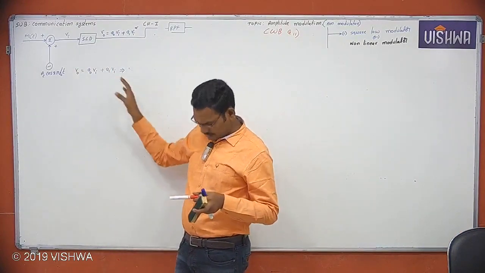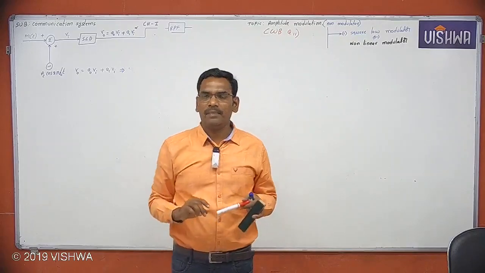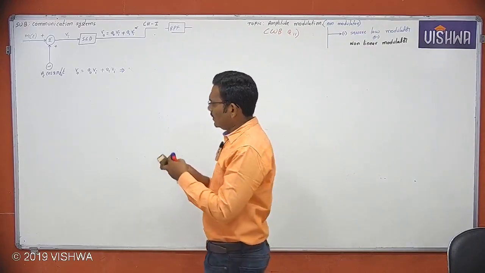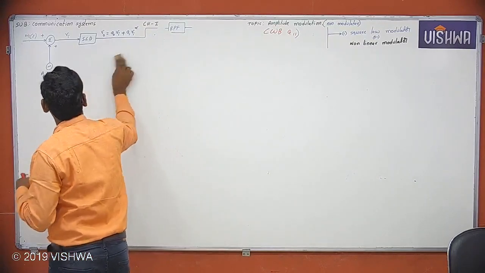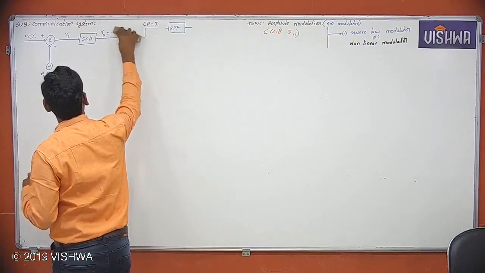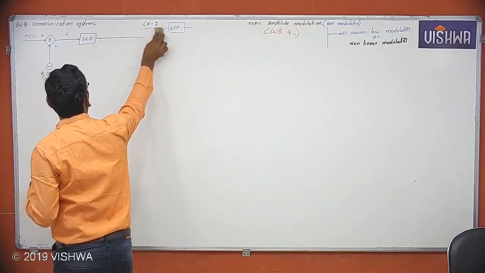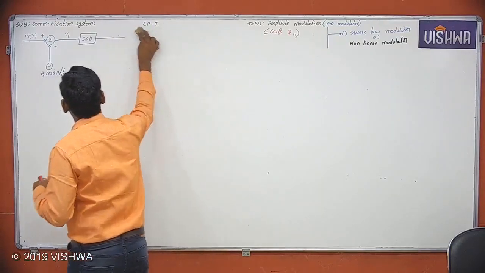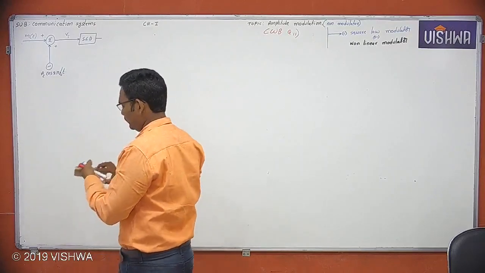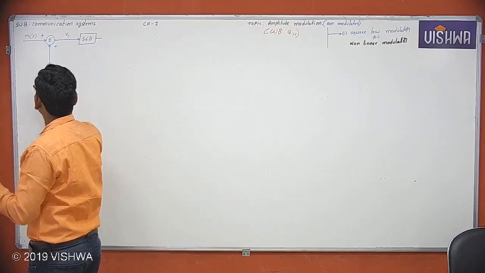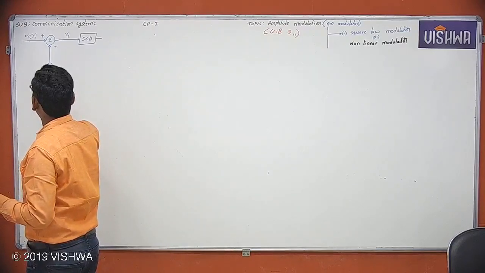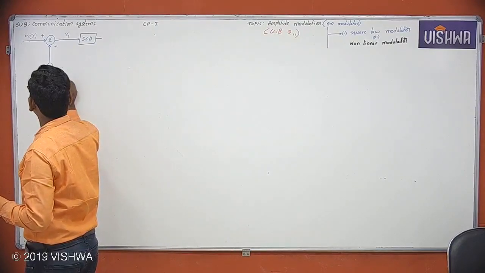So in this question, he is giving the square law modulator. Now this is the square law modulator which is already given to you.